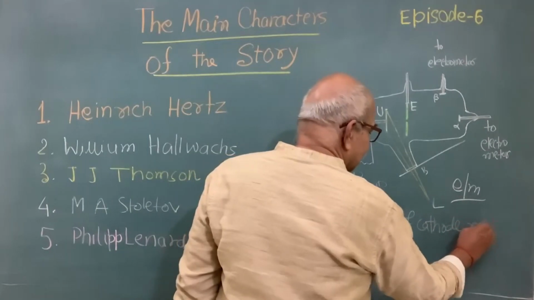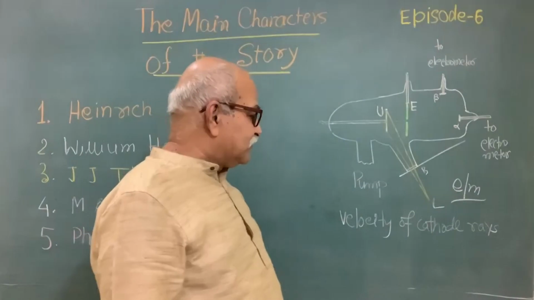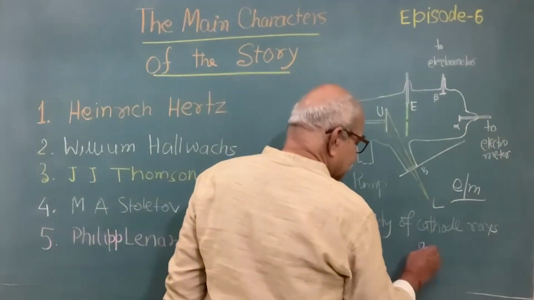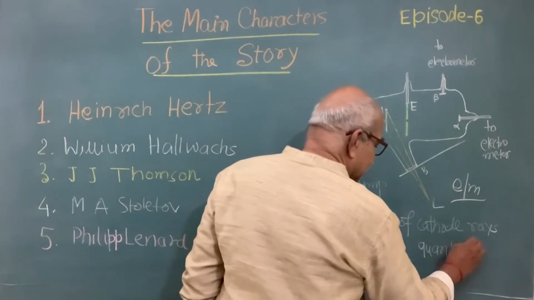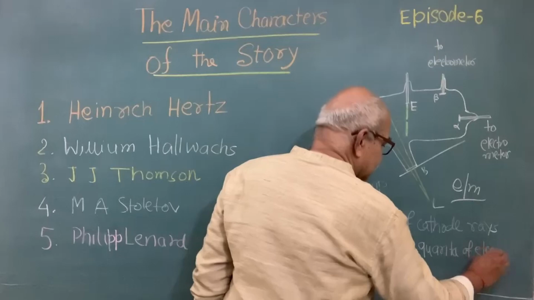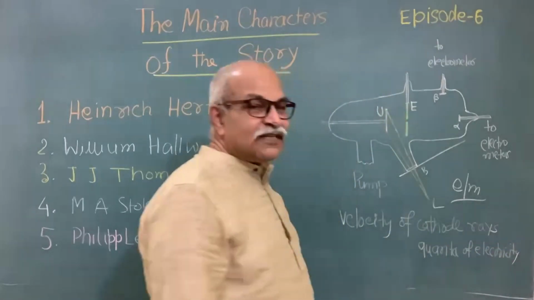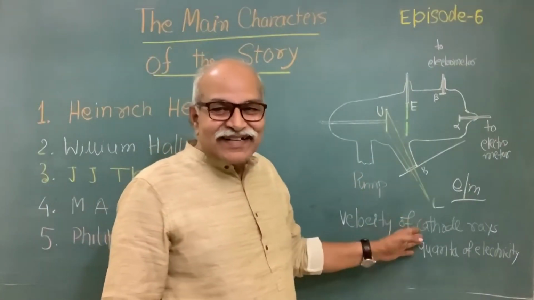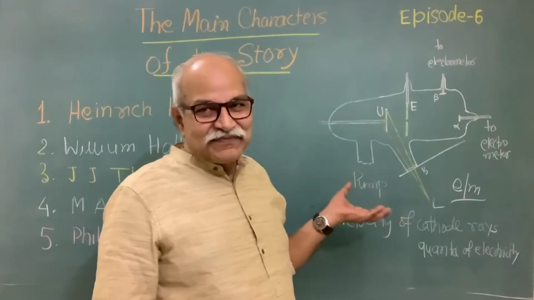I am not writing electrons. In fact, Lenard uses the word quanta of electricity. Thomson uses the word corpuscles, he uses the word quanta, and finally the accepted word is electron.